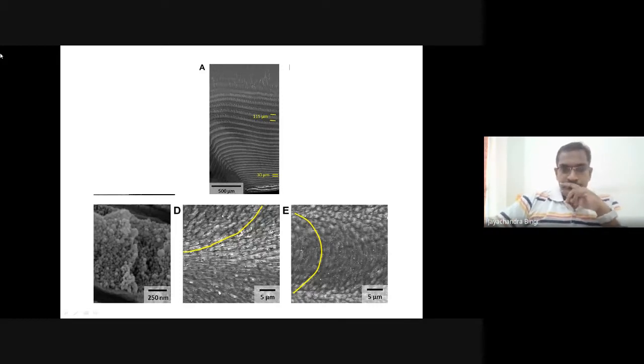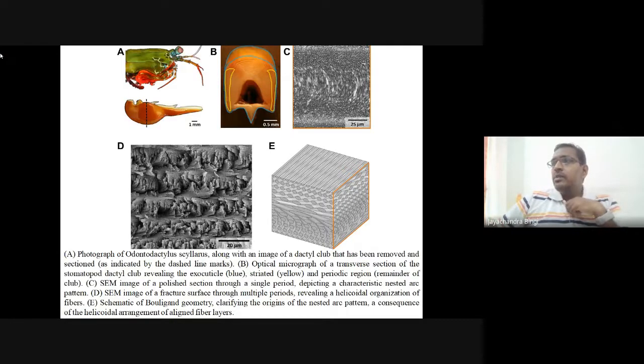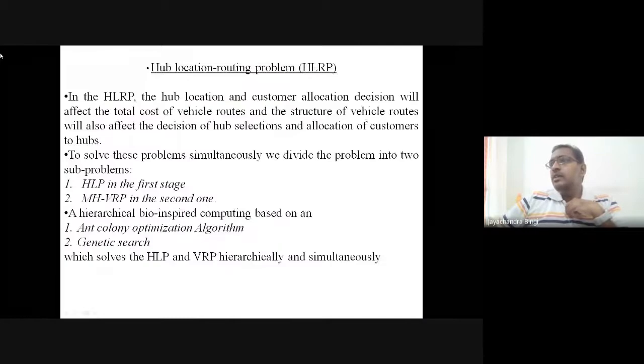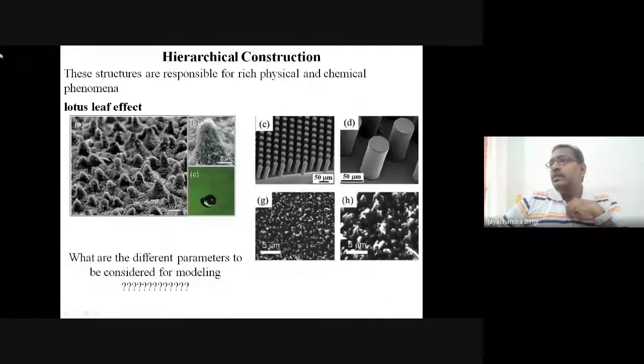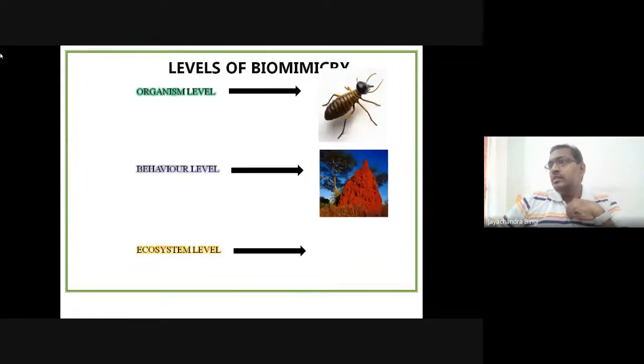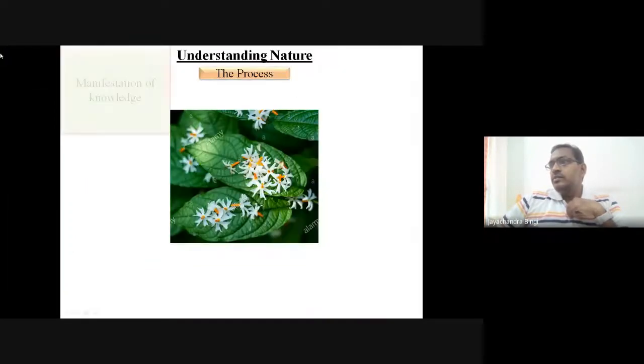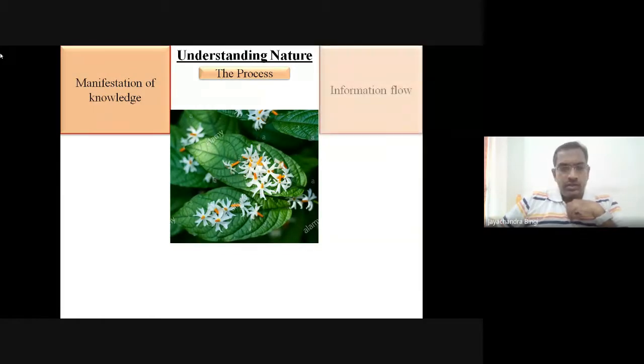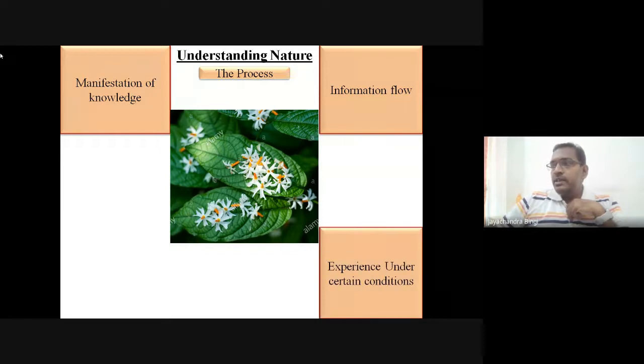So while understanding the natural systems, we came across the way of understanding the natural systems. First you consider manifestation of knowledge, then the information flow you want to create, then experience under certain conditions, meaning that information flow you must get and analyze.